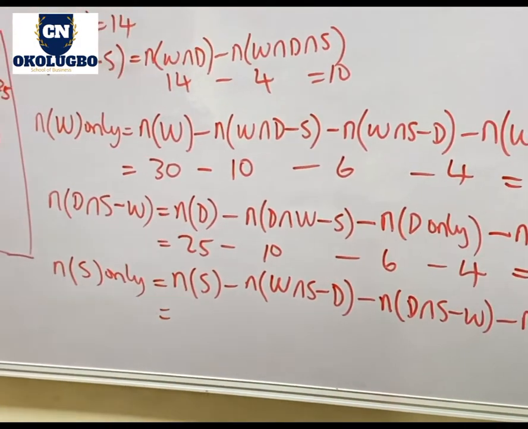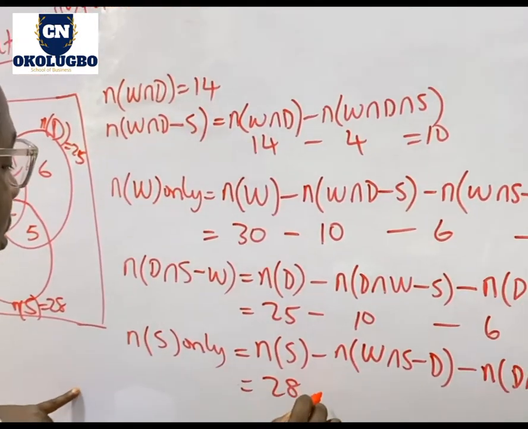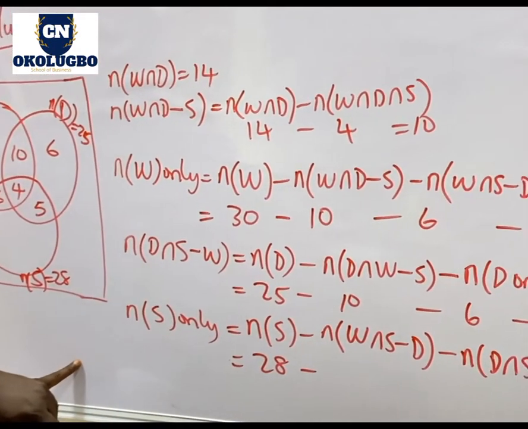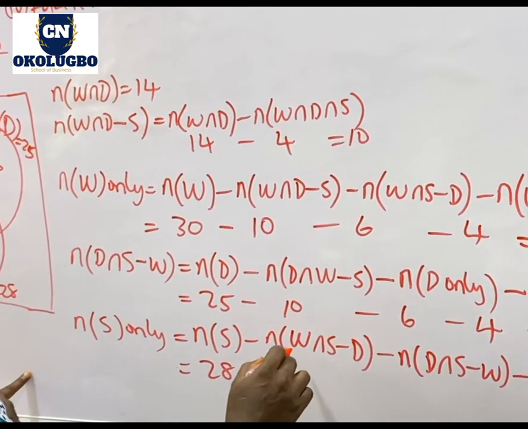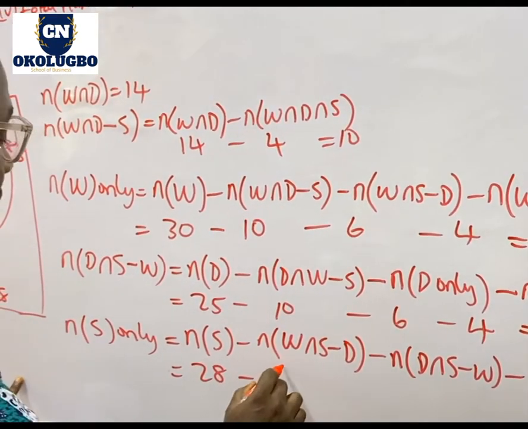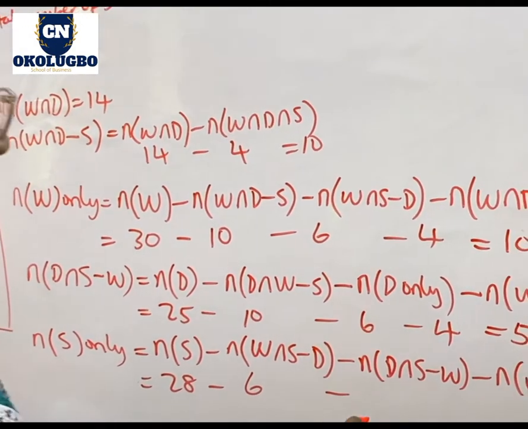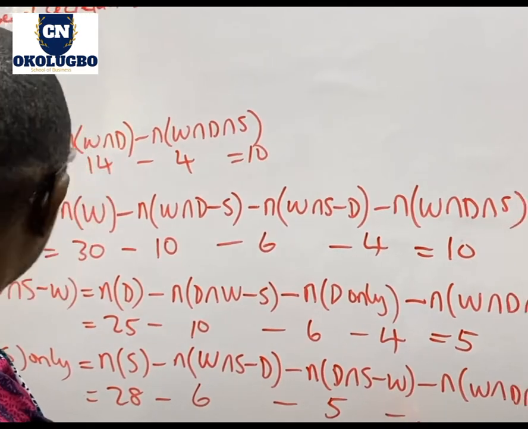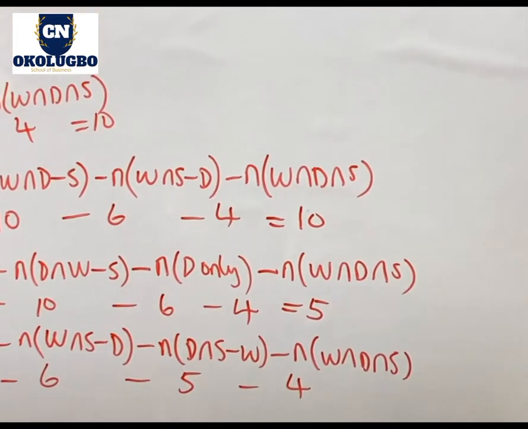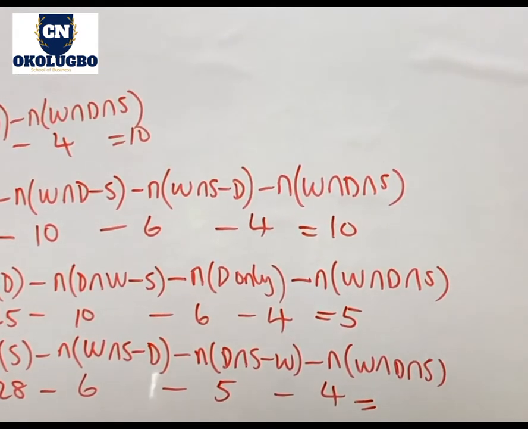So this will now give us what? We have the number of spreadsheet is 28 minus the number of Word intersection spreadsheet minus database, that is 6 here, minus the next one, 5, minus the next one, 4. So what will this leave us with?